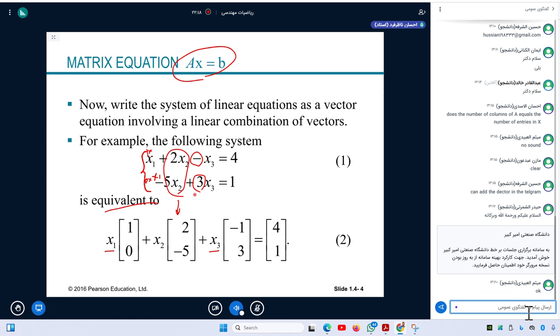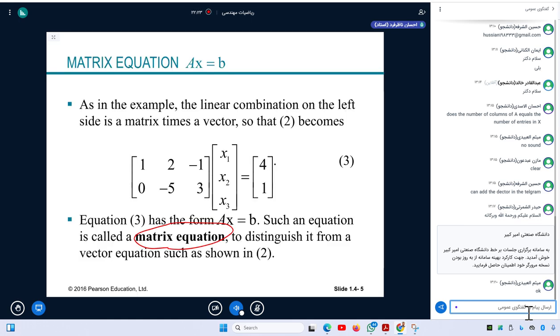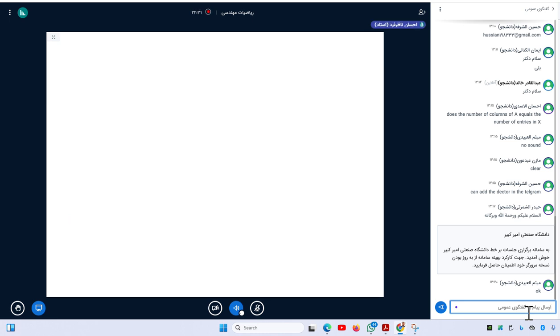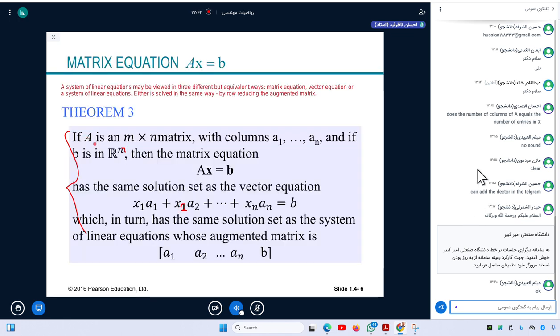We converted it as a matrix equation. Just this is another notation, matrix equation. So the same thing. And so this is theorem number 3, because we had these 3 notations. This is one view, this is the second view, and this is the third view.